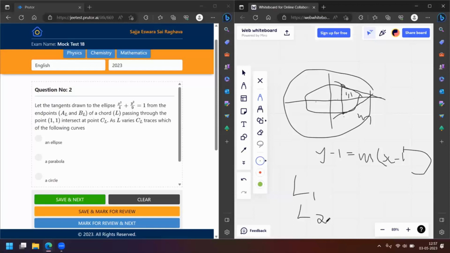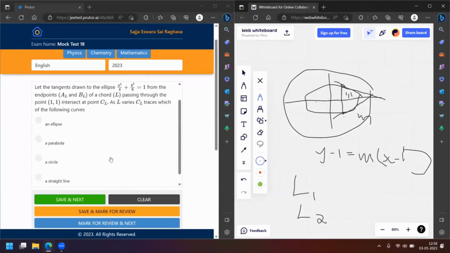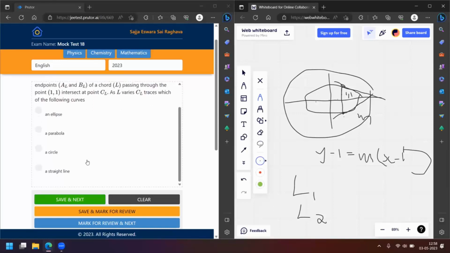After that, we will get the point of intersection of the two tangents. Here we are varying our line with the parameter m. After getting the points of contact, based on the relation between x, y and m, you can get one of the options here. So it will take time.